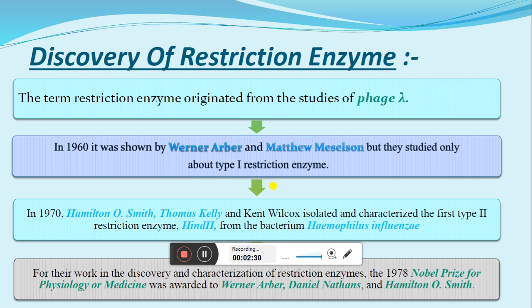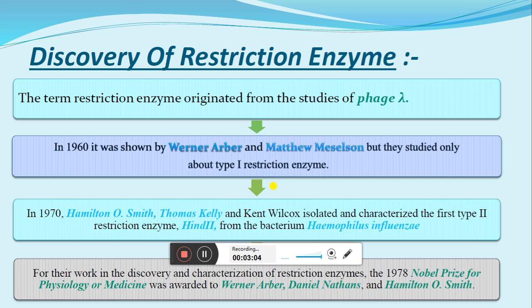For their work in the discovery and characterization of restriction enzymes, in 1978 the Nobel Prize for physiology or medicine was awarded to Werner Arber, Daniel Nathans and Hamilton O. Smith. This is one of the most milestone researches in the field of life science.